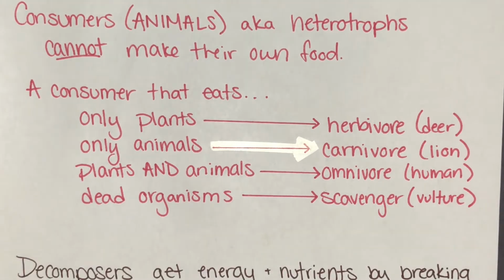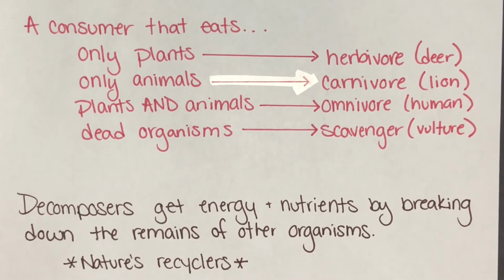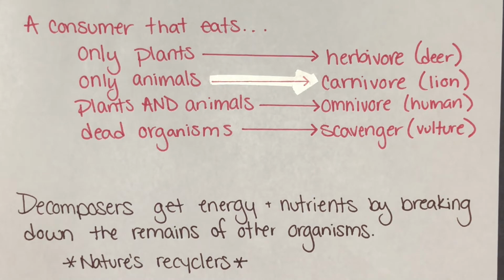The last type of organism we are going to talk about is a specialized type of consumer, a decomposer. Decomposers get energy by breaking down the remains of other organisms. Decomposers are nature's recyclers. They convert animal and plant waste into materials such as water and nutrients, making them available to other organisms.